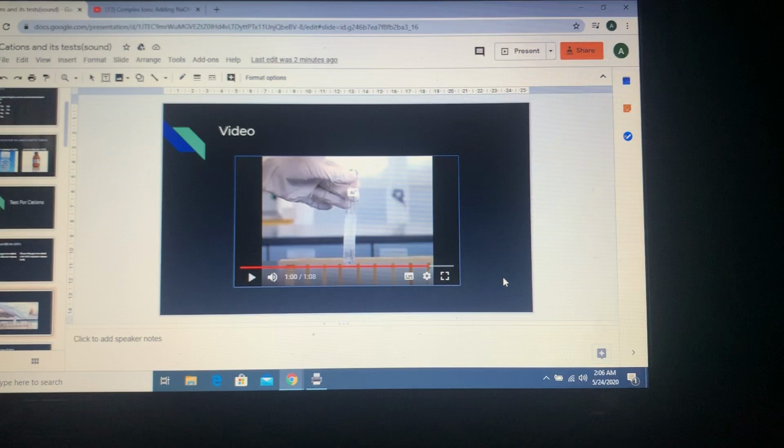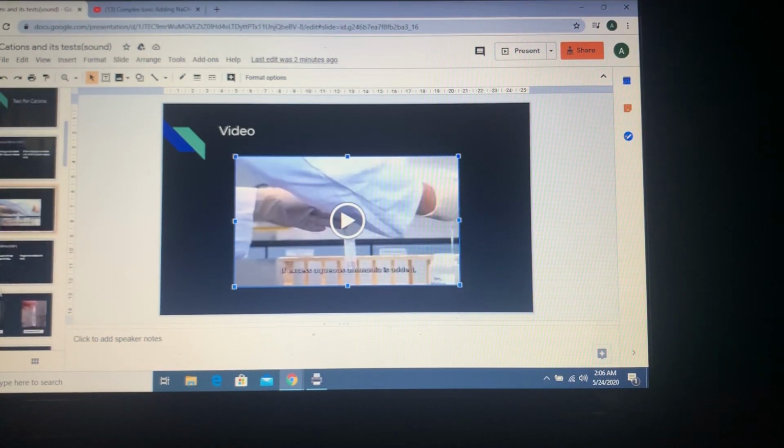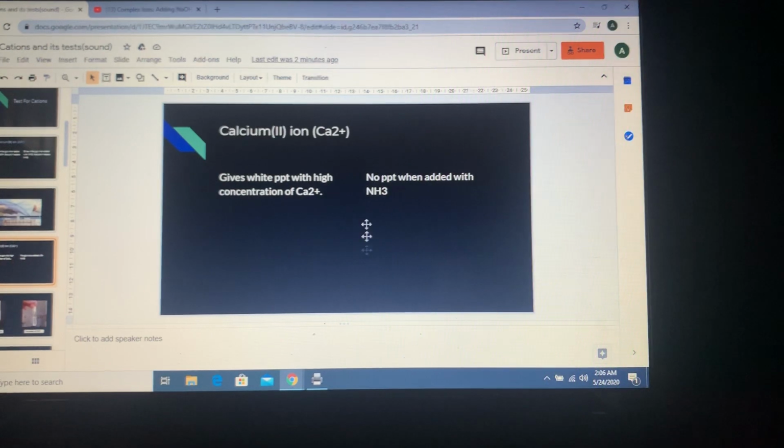So moving on, the next cation would be Ca2+. To identify that Ca2+ is present, when you add a solution of aqueous NaOH to the solution containing Ca2+, you will see white PPT present.